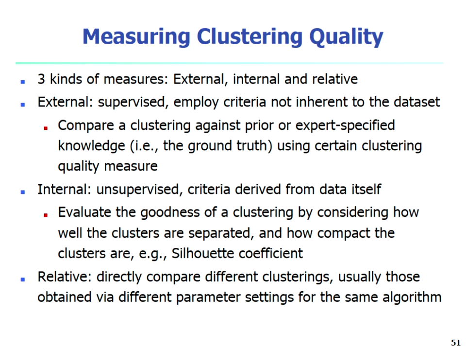We compare a clustering against prior or expert-specified knowledge using a certain clustering quality measure. Internal, unsupervised, uses criteria derived from the data itself. We evaluate the goodness of a clustering by considering how well the clusters are separated and how compact the clusters are.